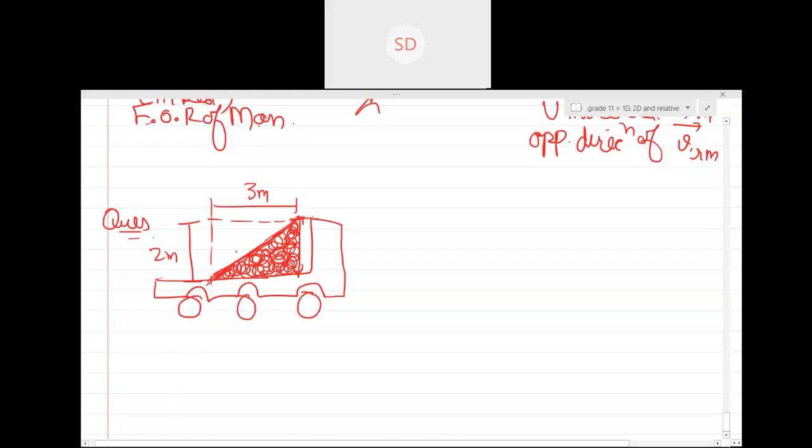A truck shown in the figure is traveling on a horizontal road. At its back, there are some cotton bags placed as shown in the figure. Now rain starts falling in the vertical direction at a speed of 10 meter per second.